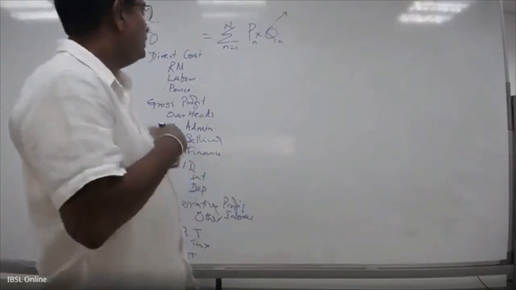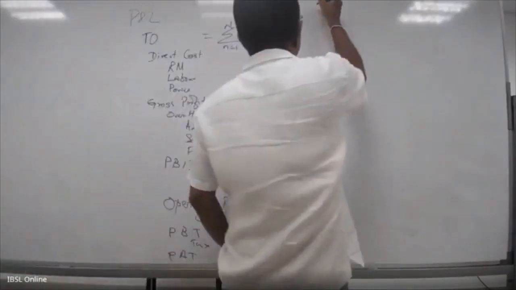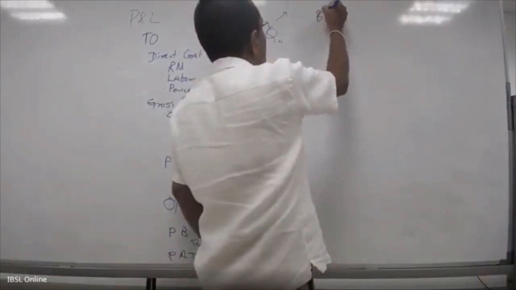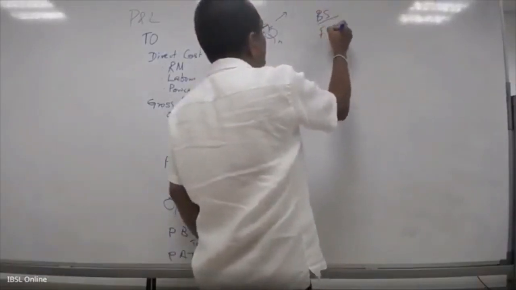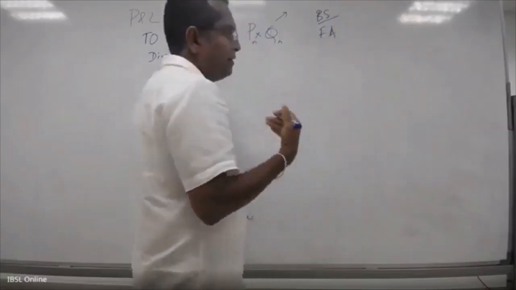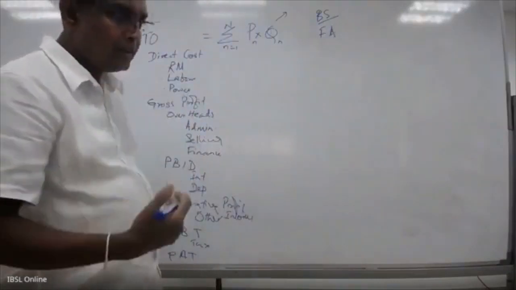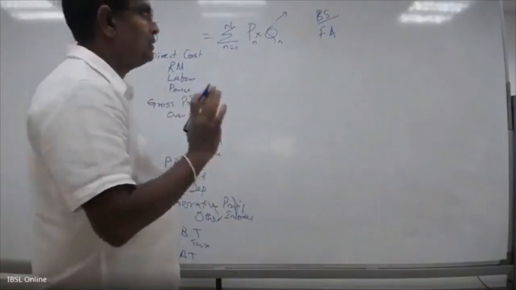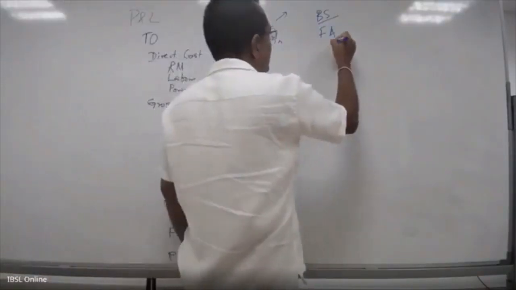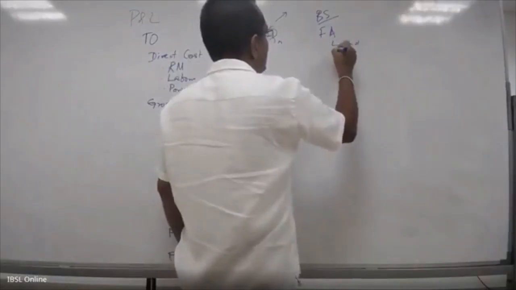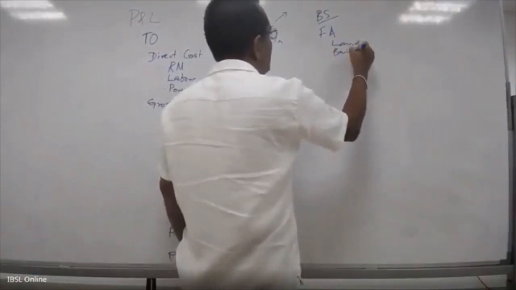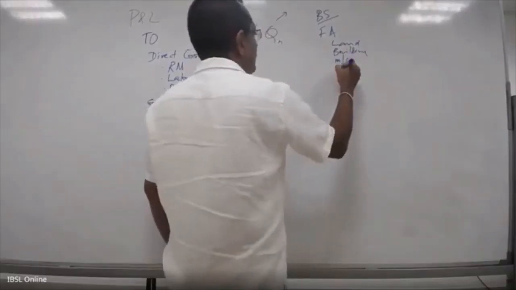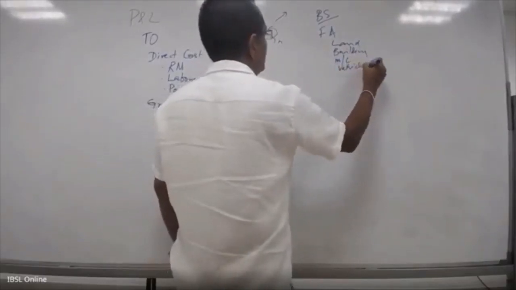So, similarly, you have the balance sheet. You can see this part. Okay. Balance sheet, you have fixed assets. Any asset which has a useful life of more than 12 months is a fixed asset, right? We have land, building, machinery, vehicles, like that.